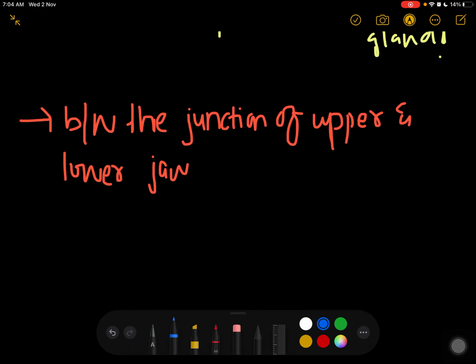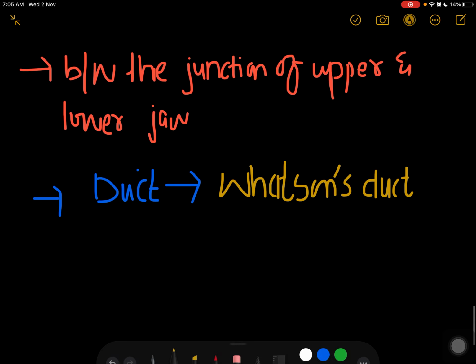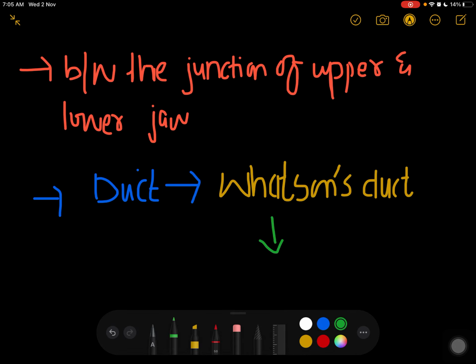It is also connected with a tube, or duct, which is known as Wharton's duct. Where does this Wharton's duct open in the mouth?